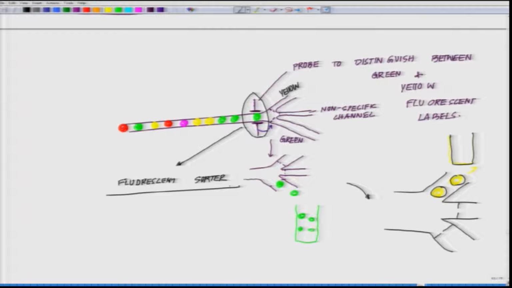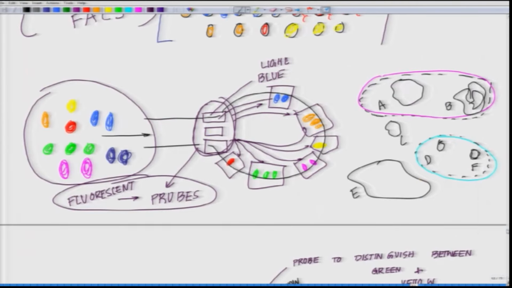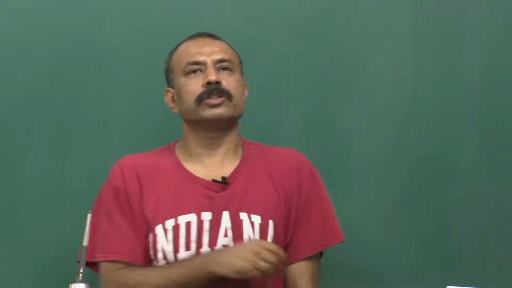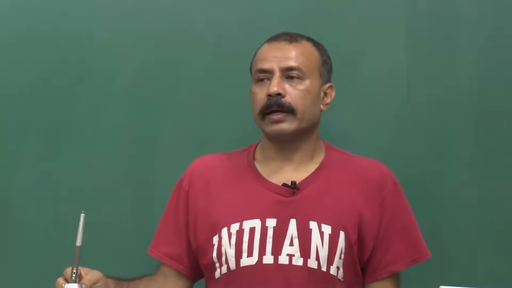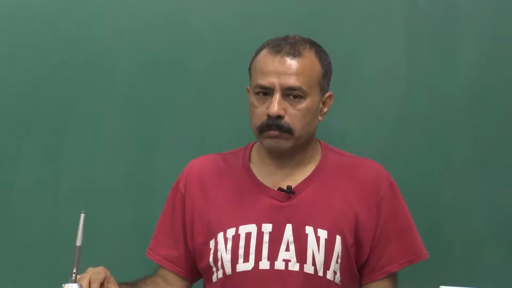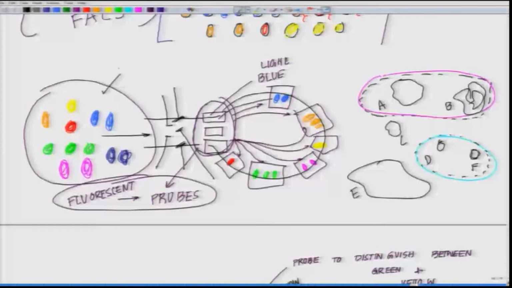It is the same analogy I told you about when you enter a stadium. Here you have the sentries standing there who ensure which part of the stadium you should go to. These fluorescent assisted cell sorters are one of the very potent tools in modern cell culture labs, and this comes in very handy when you have a complex situation like this, where you have multiple cell types to be separated out.